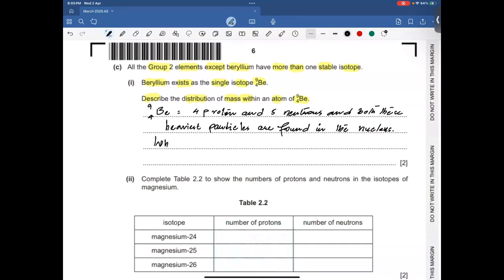While 4 electrons have the lowest mass, so they will exist in orbitals around the nucleus.